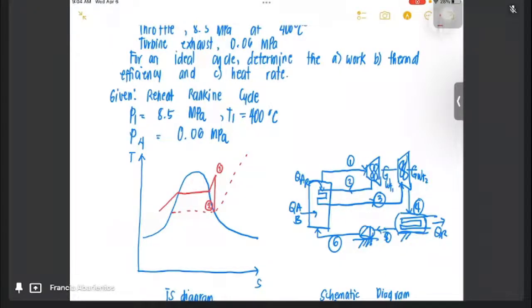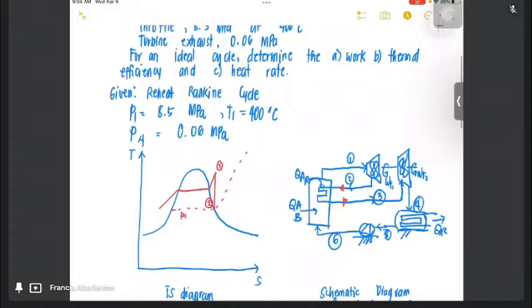Okay. From point 2 to point 3 class. From point 2, mag-undergo tayo ng reheat now. From point 2 to point 3. Okay? So, automatically, from point 2 to point 3, condition natin dyan is pressure 2 is equal to pressure 3.